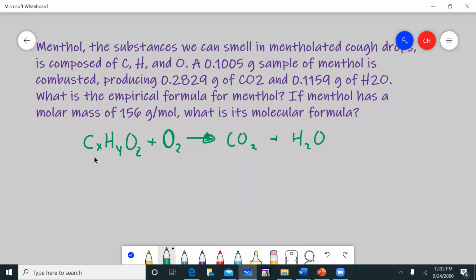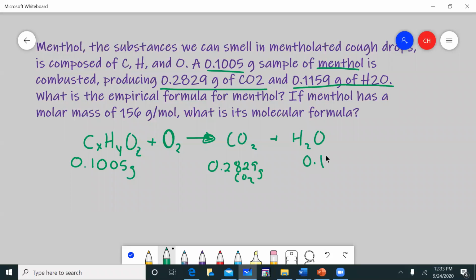So we know what the sample's original mass was, correct? It's 0.1005 grams of menthol. We know how much CO2 we produce: 0.2829 grams of CO2. And the last thing is we know how much water we have: 0.1159 grams of H2O.